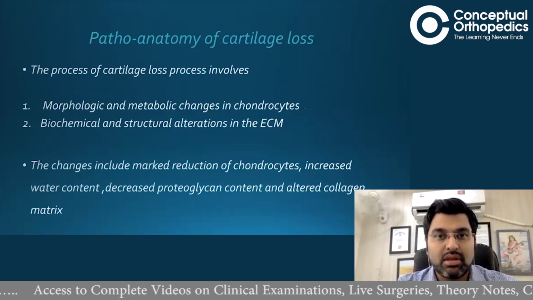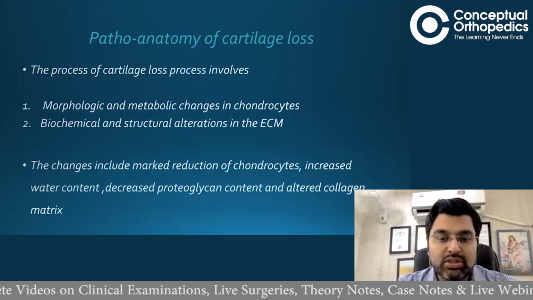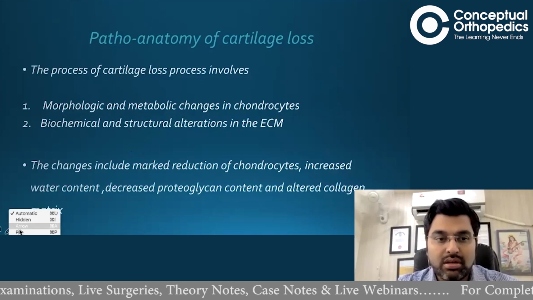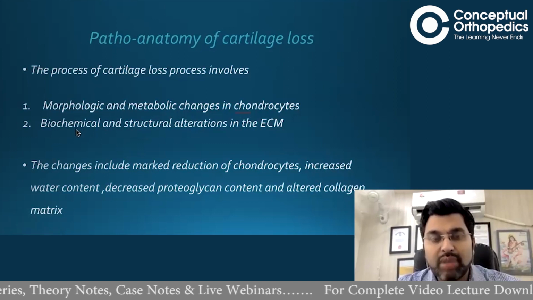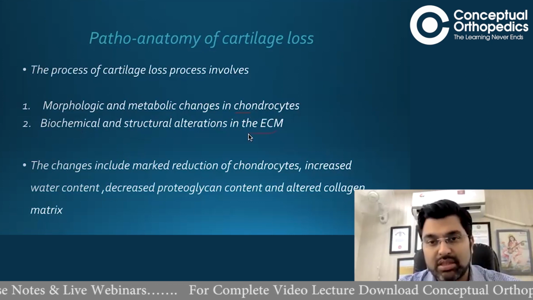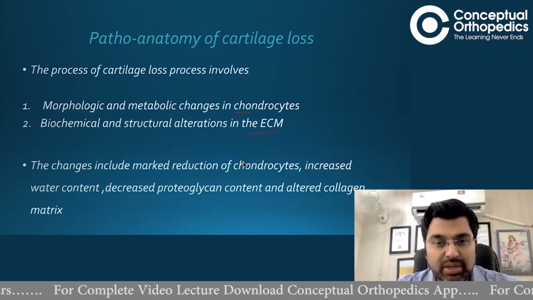The process of cartilage loss involves morphological and metabolic changes in the chondrocytes and biochemical and structural alterations in the matrix. What happens is the chondrocytes decrease in number and size.